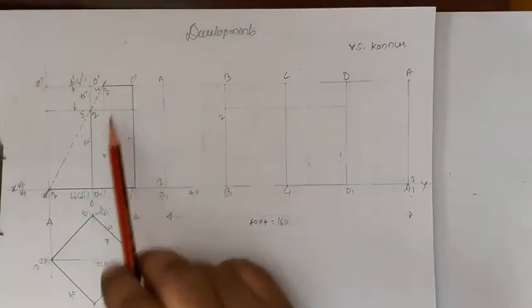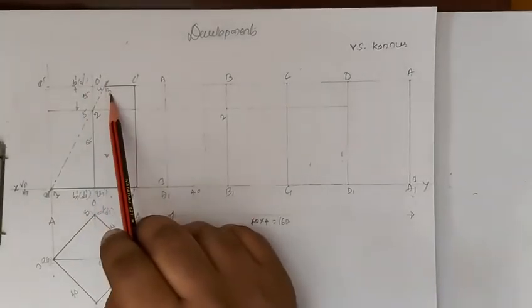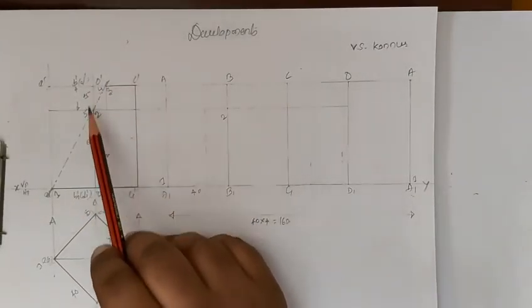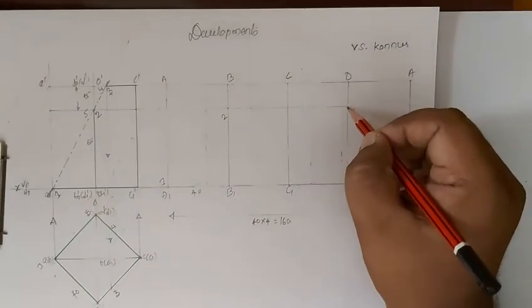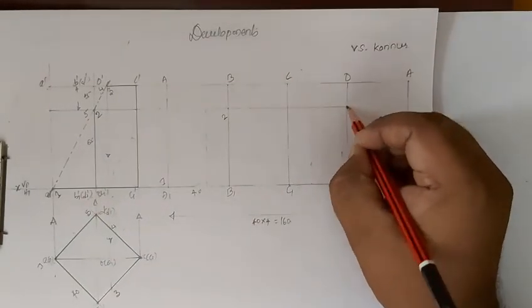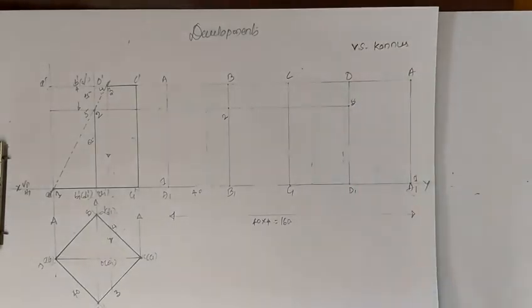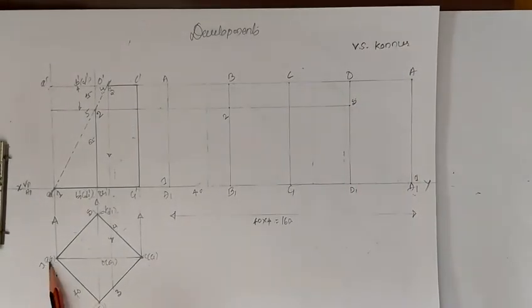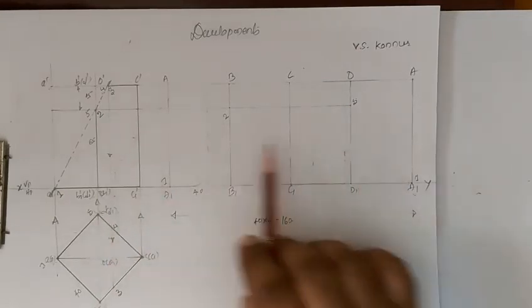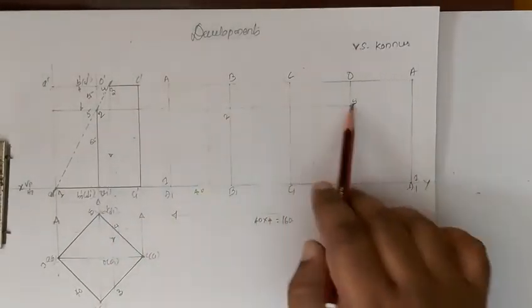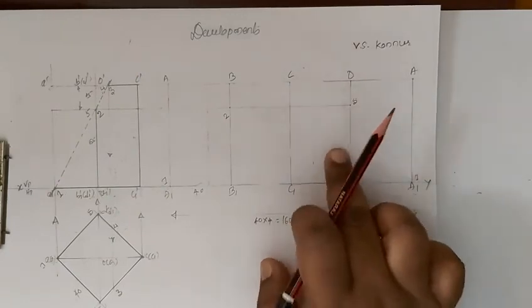Then B to C, the third point is there, C to D the fourth point is there, and come back to D, D1 the fifth point is there. So here we will get the fifth point. Wherever it cuts on AA1, BB1, CC1, DD1, we have to draw horizontal lines to get those points in this development. This is the development part.